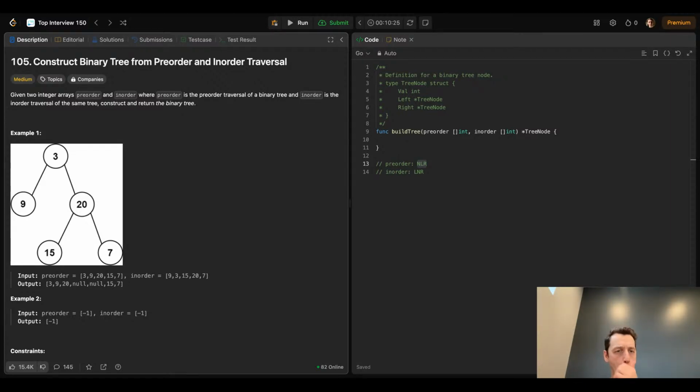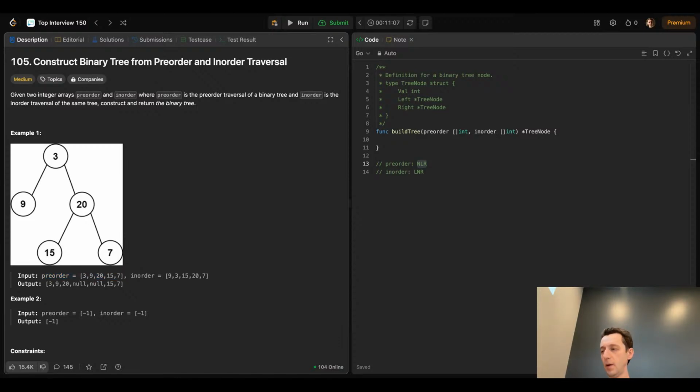So if we just have preorder, preorder is like 3, 9, 20, 15, and 7. So at least that starts with a node. That's the root node. So we know preorder starts with the root. Let's say we just have this preorder guide.